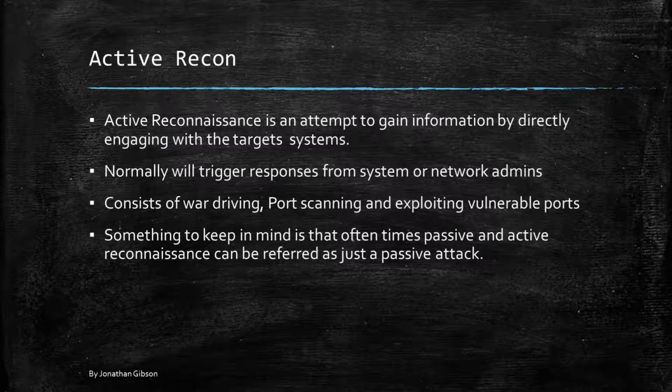Now, in active reconnaissance, in contrast, the attacker does engage with the target system, typically conducting a port scan to determine vulnerabilities and find any open ports. Because gathering without exploiting the target still counts as just a passive attack, you'll often hear both passive and active reconnaissance referred to as just a passive attack.